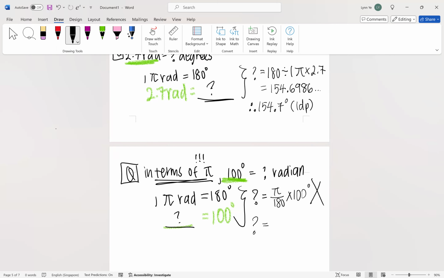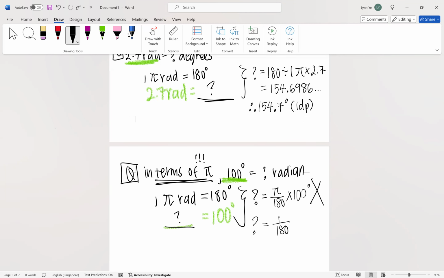1 pi is the same as pi, so it will still be wrong. Very good: 1 divided by 180 over 100, wrong.